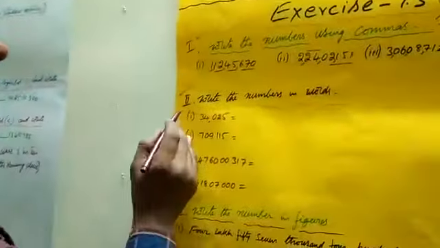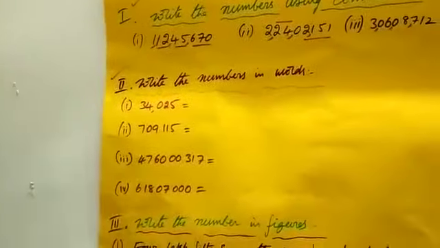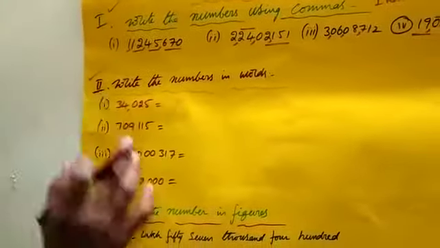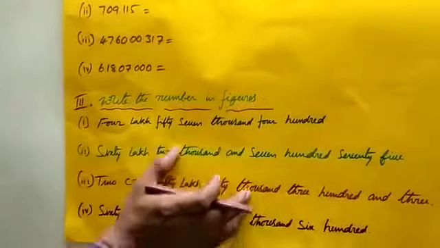Go to the second one, write the numbers in words. Write the numbers in words like this, as for the third one.